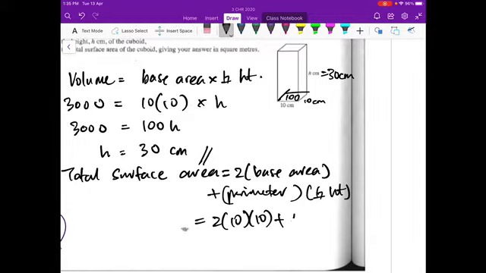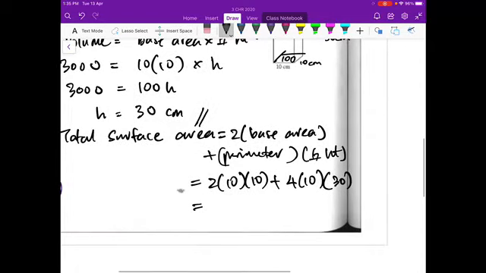Perimeter is 4 times 10, because each side is 10, times the perpendicular height of 30. So 200 plus 120, 320. Is it? $1400.